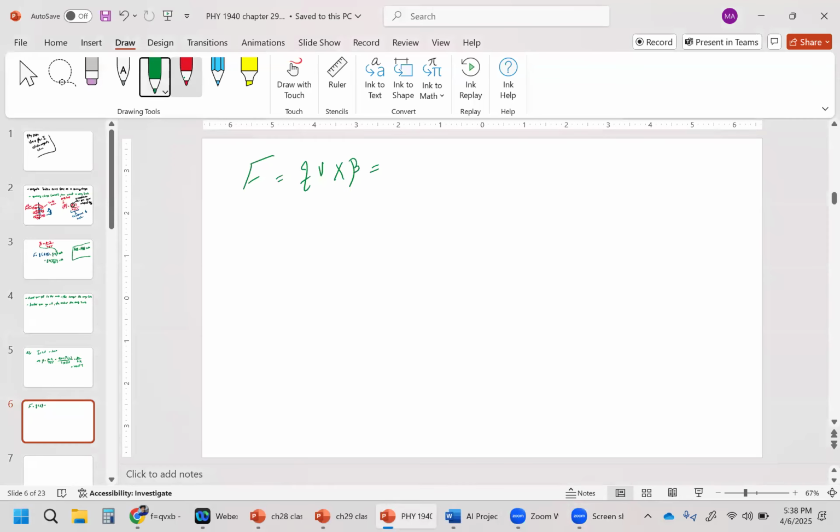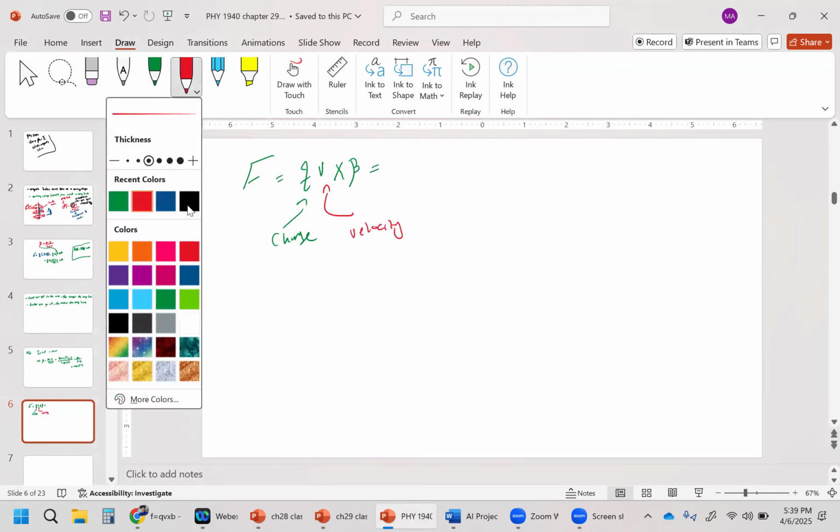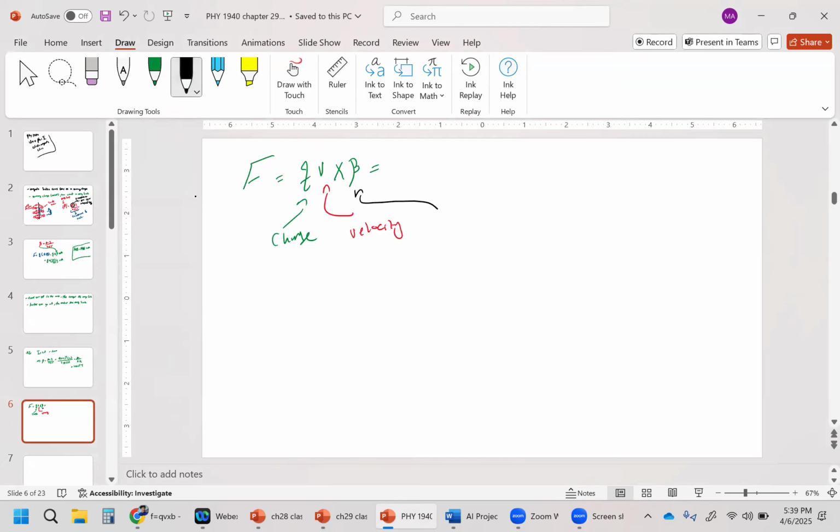Let me go ahead and label these. Your Q, that's your charge. Your V, that's your velocity. And then your B, that's your magnetic field.